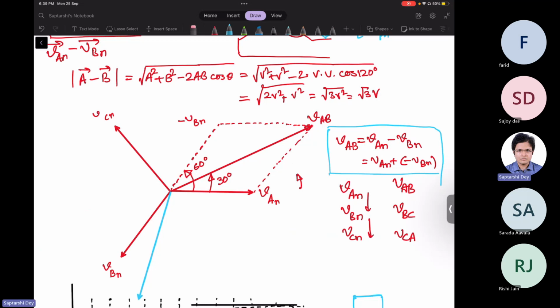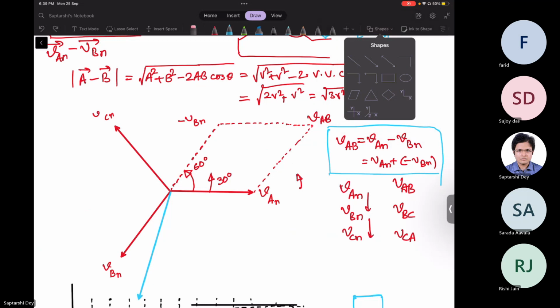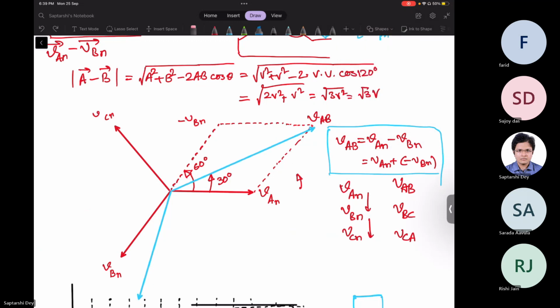Can you appreciate that they are leading? When I say leading, do you appreciate from the phasor? So similarly, VCA will lead VCN by 30 degree.